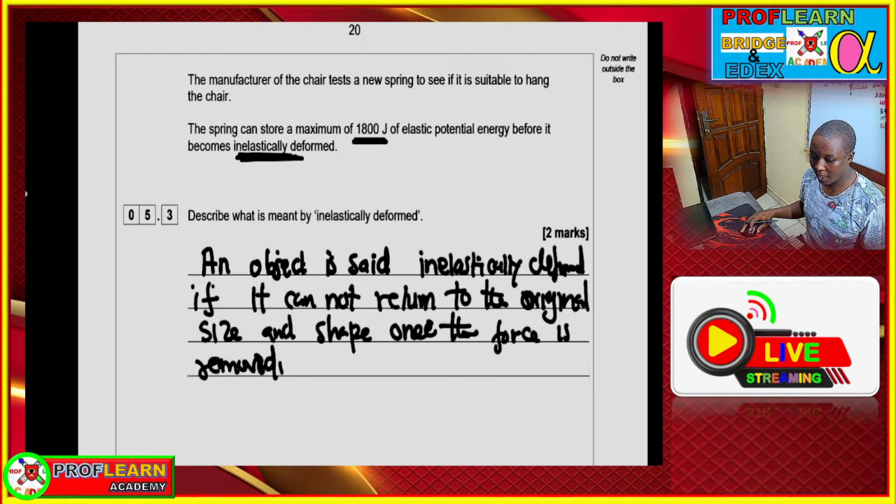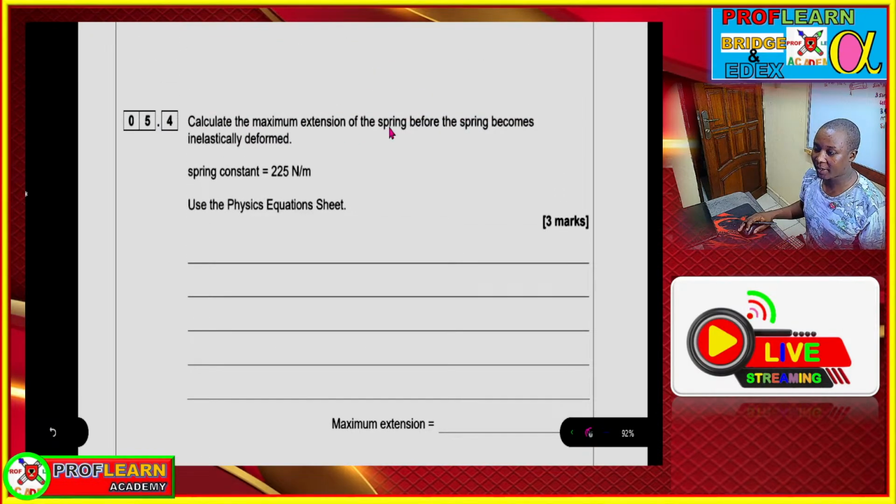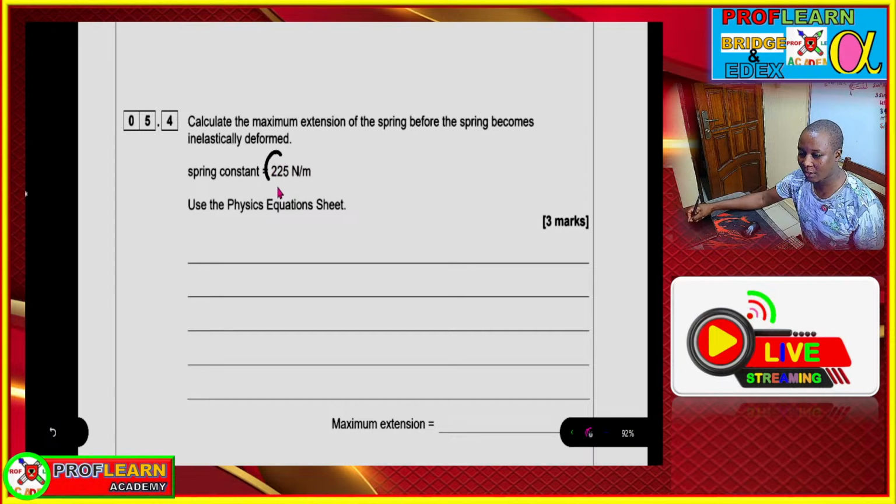The next question that follows is: calculate the maximum extension before the spring becomes inelastically deformed. The first thing we need to understand is how we calculate elastic potential energy of materials.